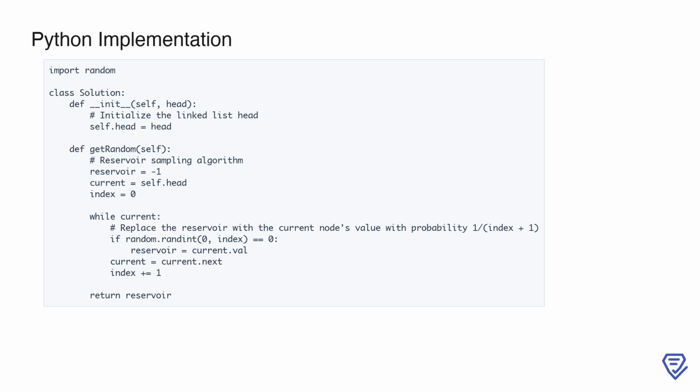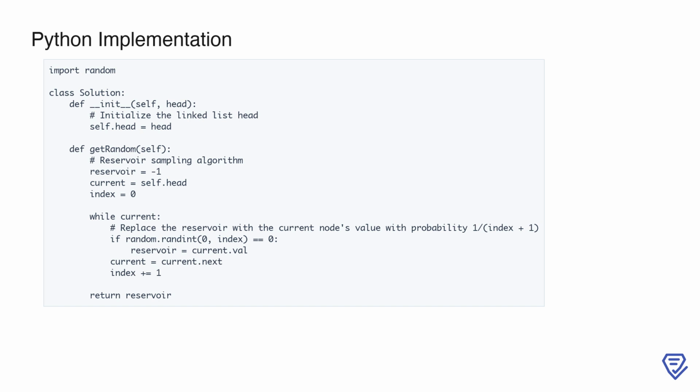This ensures that each node has a 1/(index+1) chance of being selected, maintaining uniform probability across all nodes. Finally, the index is incremented, and the current pointer is moved to the next node in the list. After the loop completes, reservoir contains the value of the randomly selected node, which is then returned.